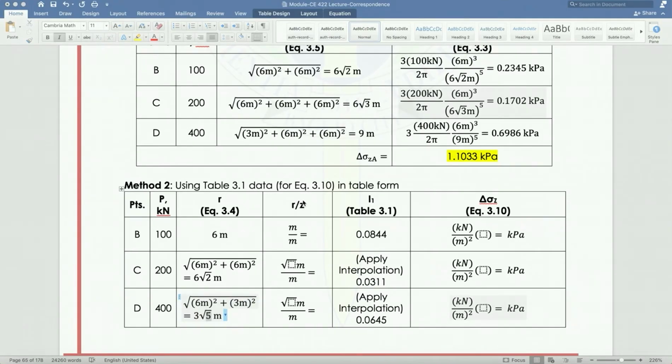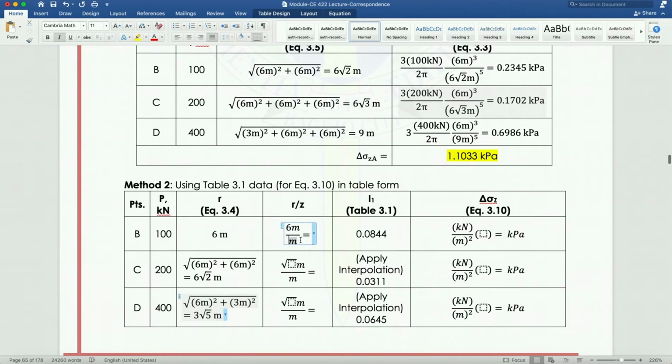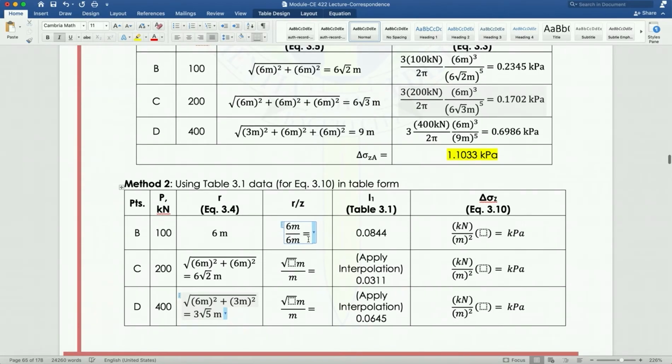Okay. Next, we calculate R over Z for point B. So R is equivalent to 6 meters divided by the depth, which is 6 meters. Therefore, R over Z, or the ratio, is equivalent to 1. Next, we have here 6 times the square root of 2 divided by Z, which is 6. Wait, let me compute. Square root of 2 over 6 times 6, magka-cancel yung 6. That is equivalent to the square root of 2.